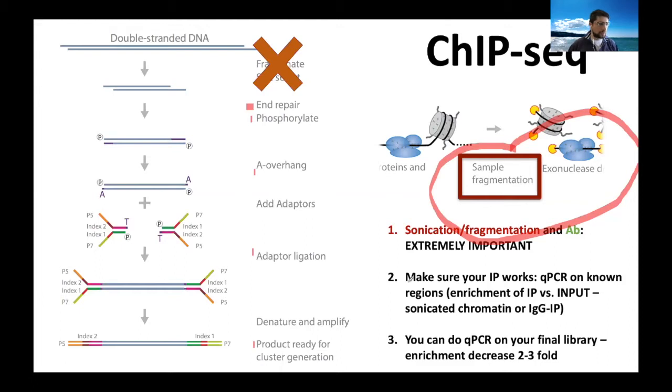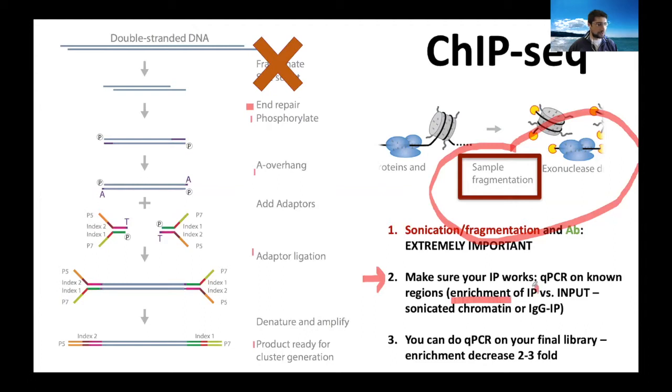So what you usually do before sequencing your ChIP sequencing experiment libraries is perform a qPCR on some loci that, from the literature or from other groups, are bound by your protein. So you design qPCR primers, and you basically test the enrichment score.